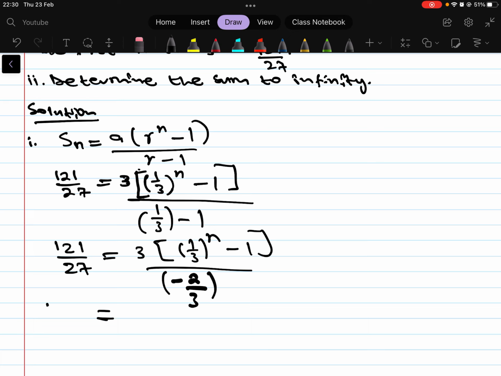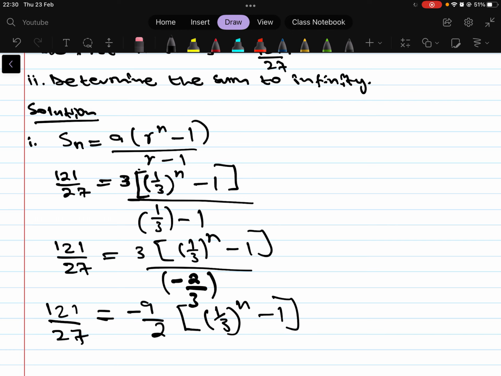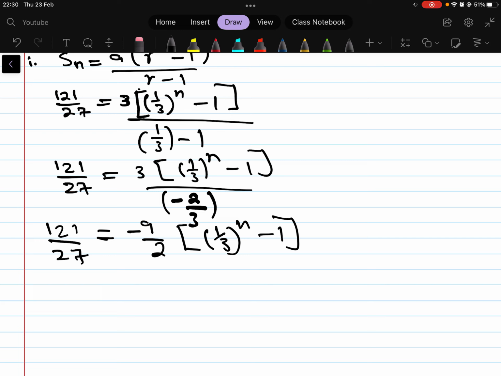But let's just write this thing in full before we try to complicate everyone's life. That is basically just 3 divided by negative 2 over 3. And then in this bracket you're still left with 1 over 3 all exponent n minus 1. And then you continue simplifying.